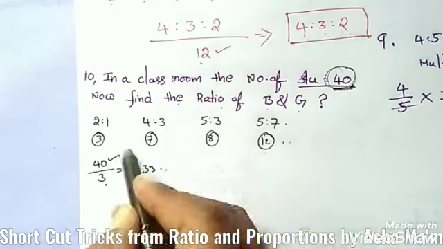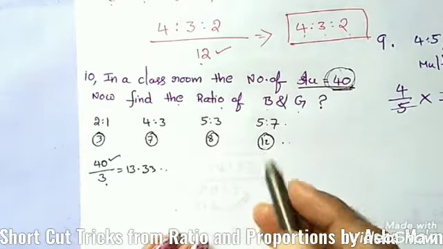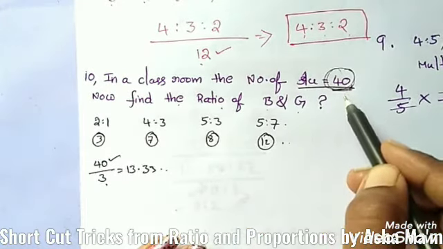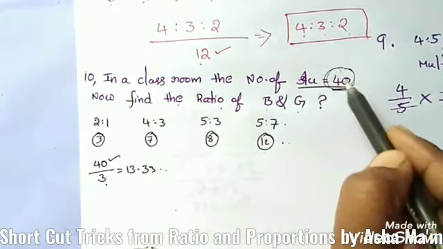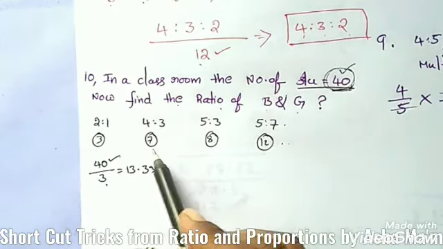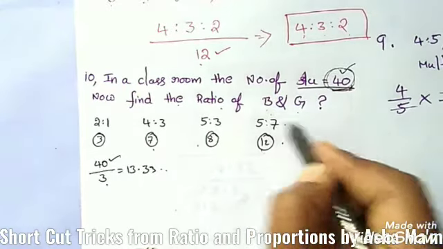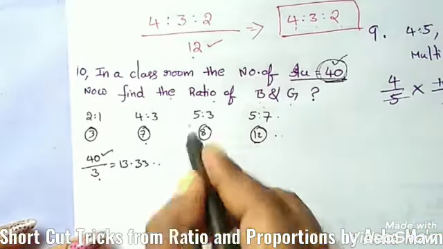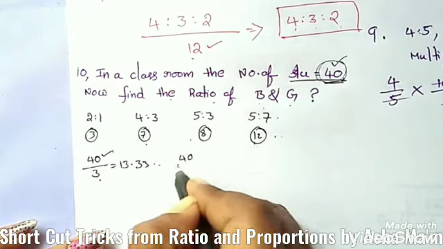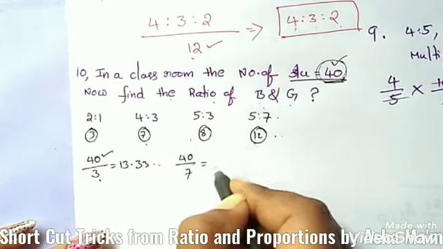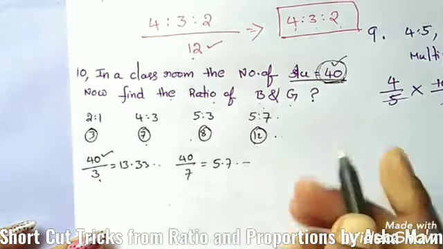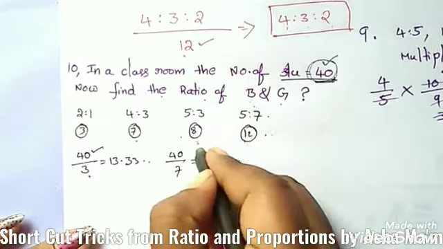Among these options, which number is completely divisible? This number 40 is divisible by 7, 8 or 12, then that only the correct ratio of boys and girls. Let us see now. Here 7. So 40 by 7 is equal to 5.7 something you may get. Now here is 8.